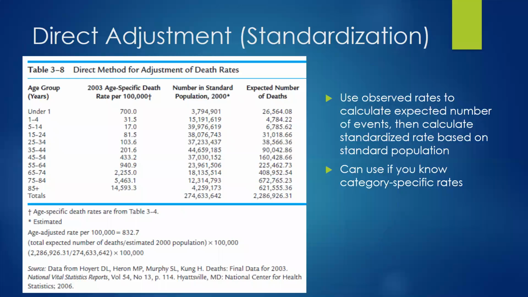And then we can just add those up and calculate a new rate, which you can see towards the middle of this slide here. And that would give us an age-adjusted rate, so that we're applying the 2006 rates to the 2000 population. So it gives us a sense of, if the population hadn't changed over time, what would this mortality rate translate to? So you can only do this if you have those category-specific rates.